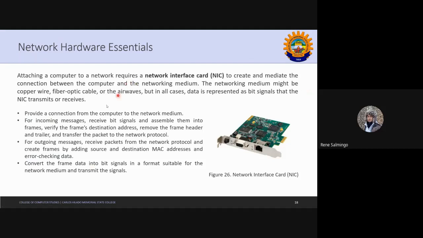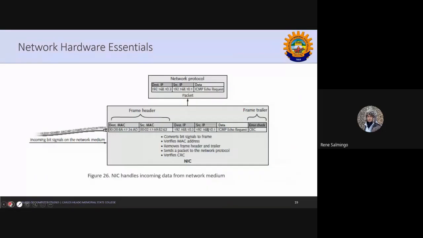And also, we discussed the network interface card last time. This is what happens in your network interface card. First, it receives the incoming bit signal from your network medium, from your cable. You have the destination MAC address inside your frame header, and it contains the source MAC address also. You also have the network protocol, which has the destination IP and the source IP.